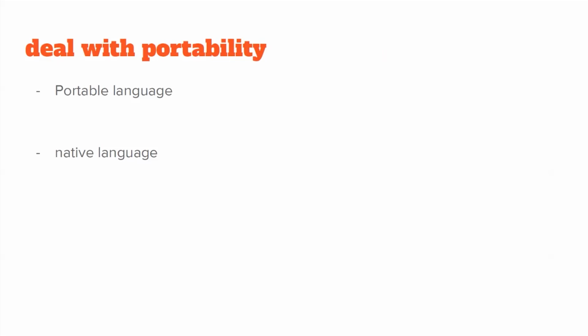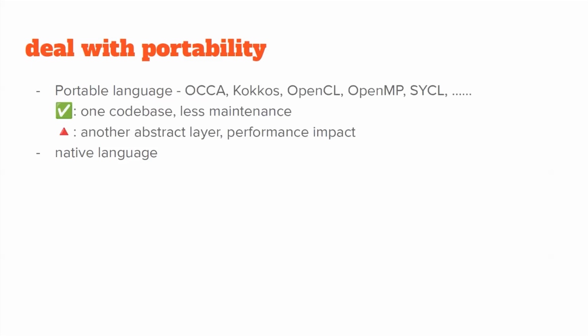So there are two ways to deal with it. You can use a portable language, or you can use the native language for coding your kernels. For the portable language, you can use OCCA, Kokkos, OpenCL, OpenMP, and SYCL. But there are some pros and cons here.